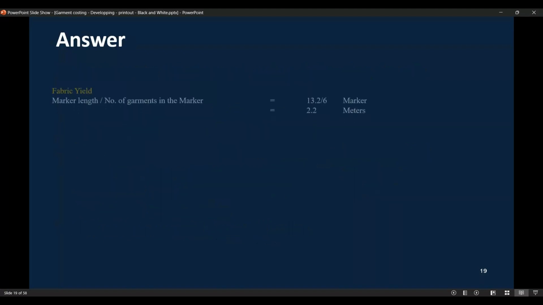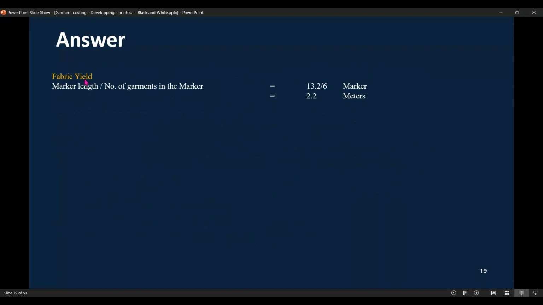The answer. Fabric yield, that means marker length divided by the number of pieces in the marker, is 13.2 divided by 6. The answer will be 2.2 meters. And we should add the wastage allowance for this. Fabric yield into wastage allowance, 2.2 into 3%, that means 0.066 meters. These both quantities we need for one garment.